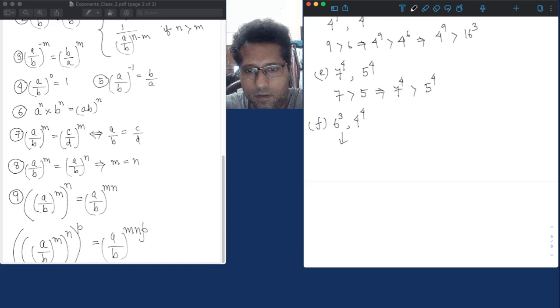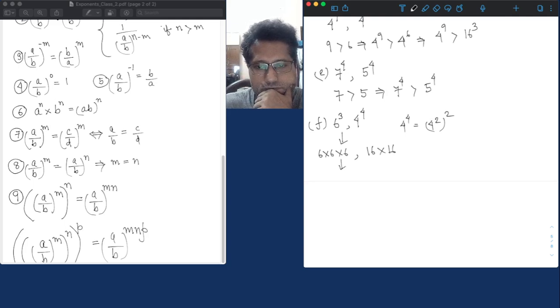So 6 to the power 3 is 6 into 6 into 6. 4 to the power 4 is 4 square to the power 2, so this is 16 into 16. So 6 into 6 into 6 is 36 into 6.